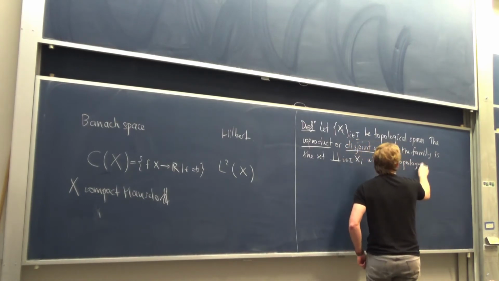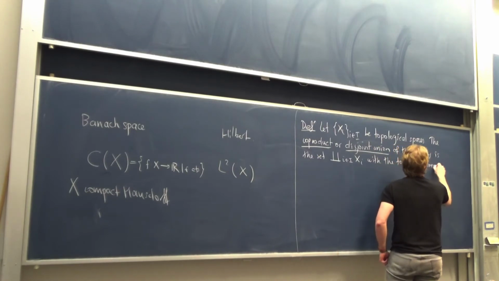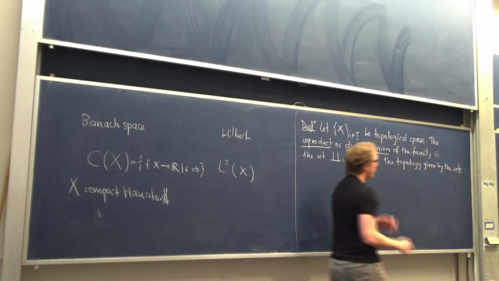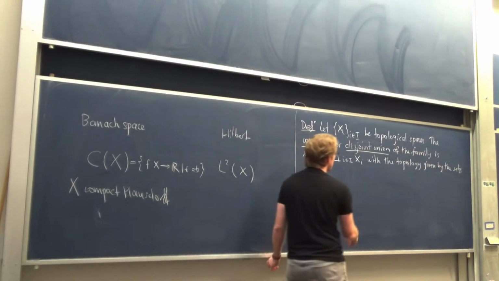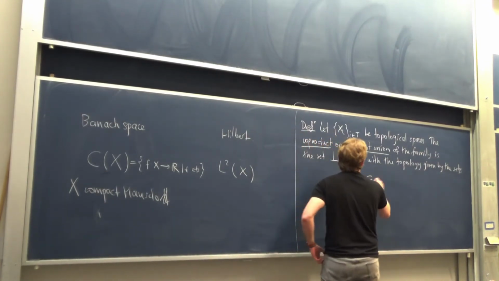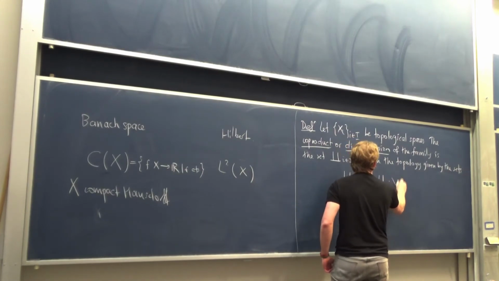Now here there's no tricky thing going on like there was with the products. So I just tell you the topology. I don't have to tell you a basis. I just tell you straight up what the open sets are. So the open sets are the disjoint unions of open subsets of the xi.